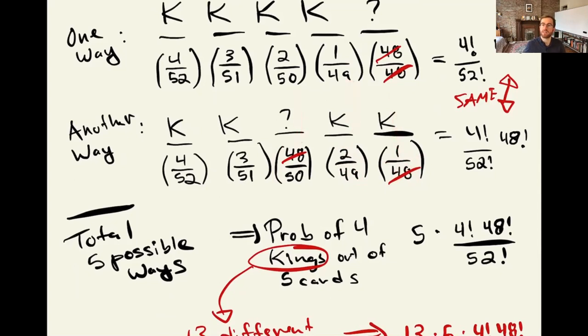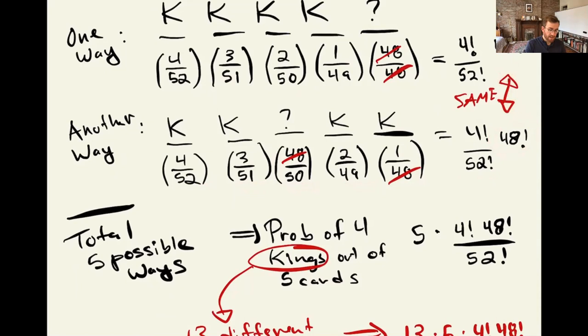So you might think that there are different answers, but if you actually check, you can see that by reordering 4 times 3 times 2 times 1 and putting that all together, I get my 4 factorial. And my 48 out of 48 cancels, and then I'm left with the same denominator, 52 times 51 times 50 times 49, which is the same thing as 52 factorial, where I then cancel out the remaining 48 factorial by putting that up top. So in particular, these are the same.